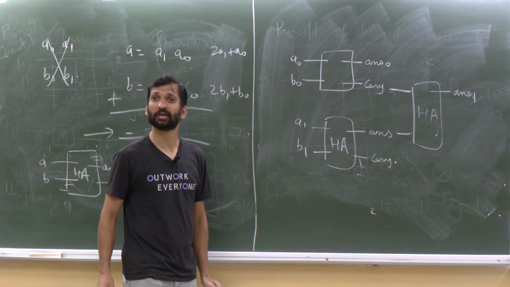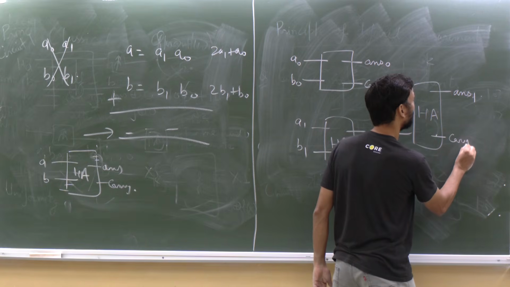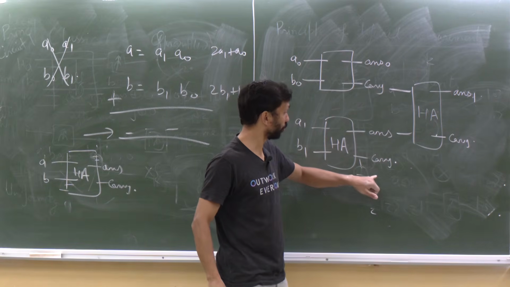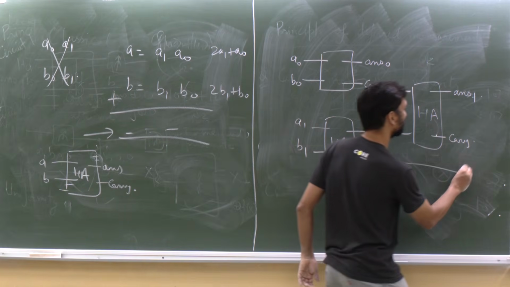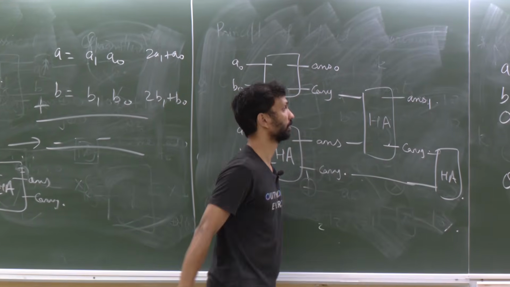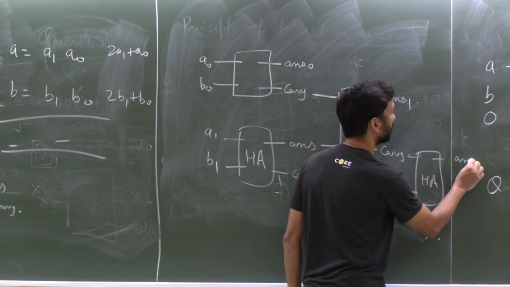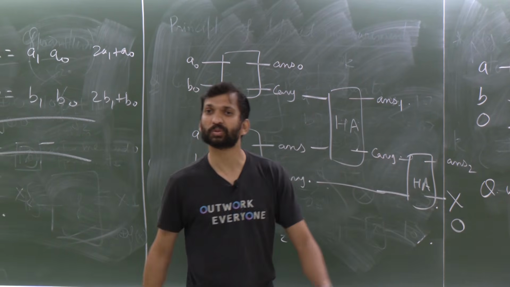This is answer 1. Correct? This is 4. This is 4. This will always be 0. You can check that.